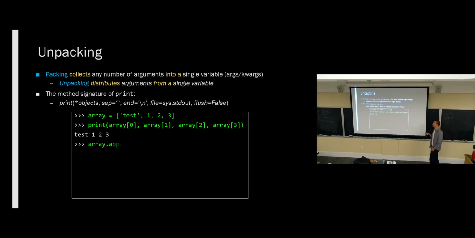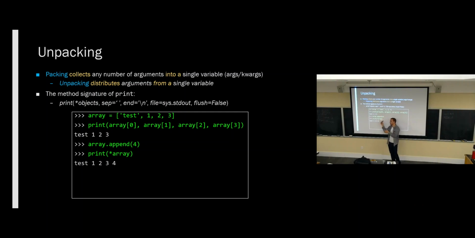And so what we can do is star this array in the function call, and that will unpack the array into the positional arguments of the function. So this is kind of the inverse of what we were doing earlier. Before, we were packing any number of arguments into a single variable.